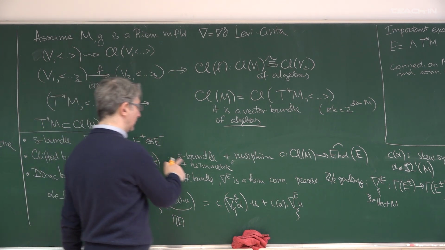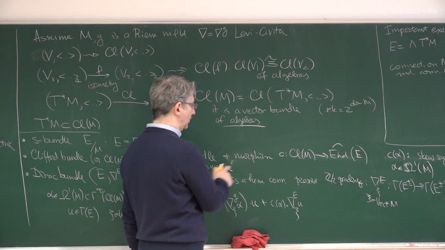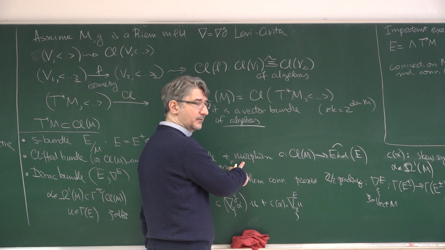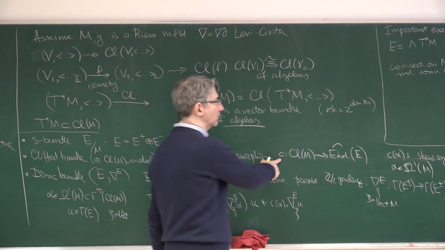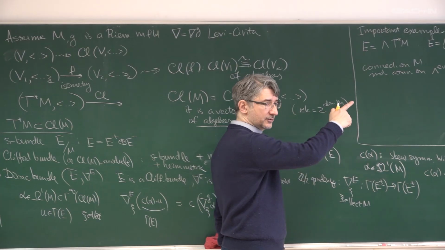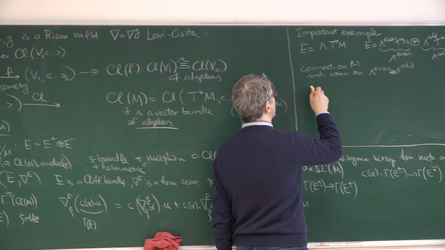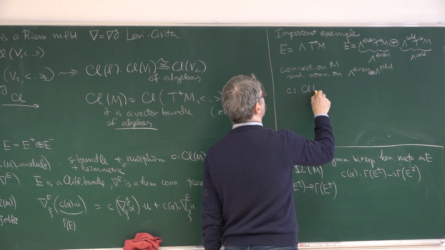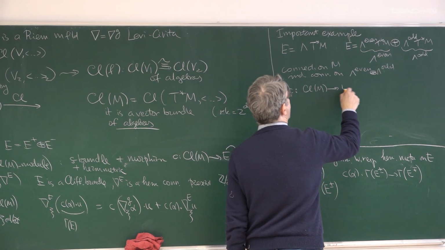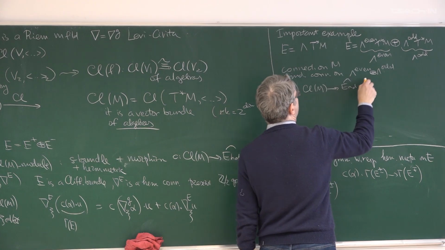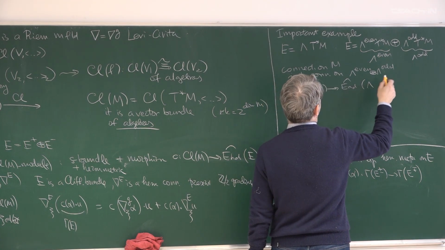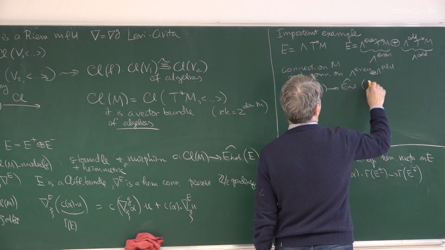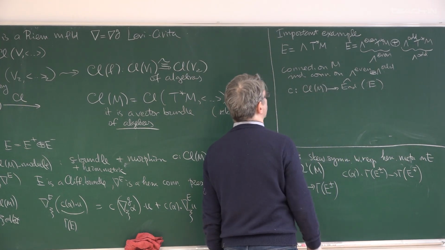Splitting is given, Hermitian metric is obvious. Oh, we need a morphism. We need to map Clifford to endomorphisms of exterior algebra. Okay. Consider C, which sends Clifford to endomorphisms of E. In which way?